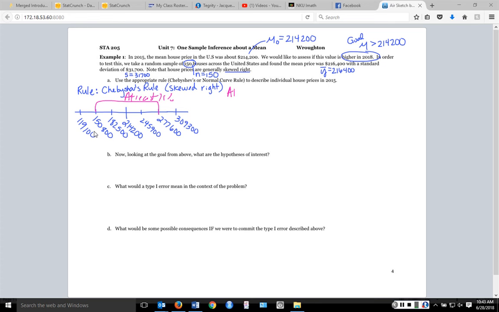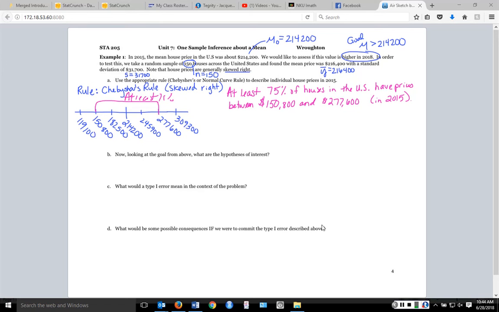So I can say then that at least 75% of houses in the U.S. have prices between $150,800 and $277,600. And just to be specific, this was in 2015.